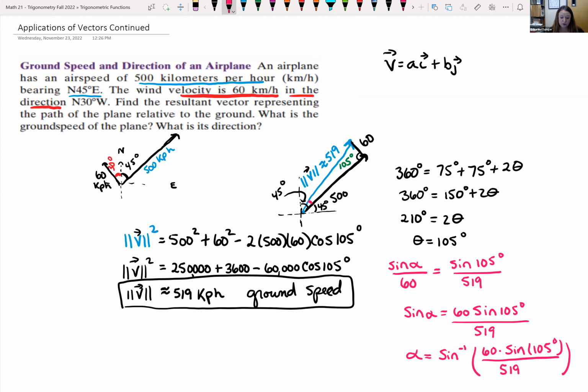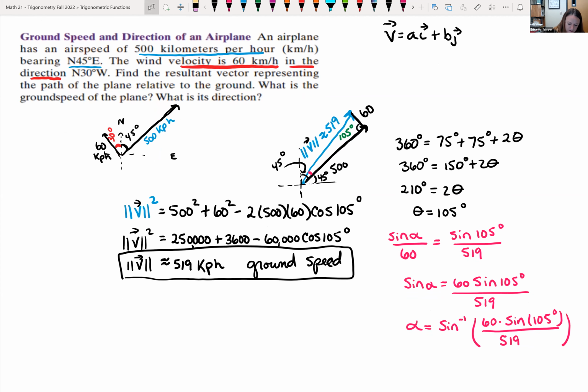We're talking about degrees, so I'm going to keep my calculator in degree mode. So sine inverse of 60 sine of 105, close my parentheses off for the angle, divided by 519. So I get that my alpha is approximately 6.4 degrees.